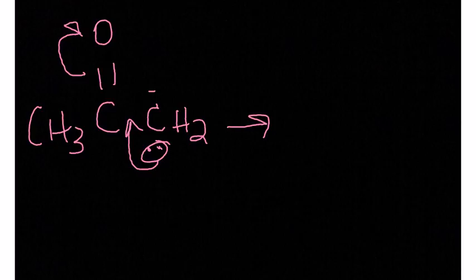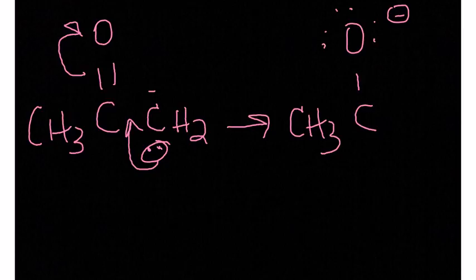And because we have to remember our octet rules, we end up with the charge now on the oxygen, which, if you remember our rules, is more electronegative than carbon, and now we've created a double bond.